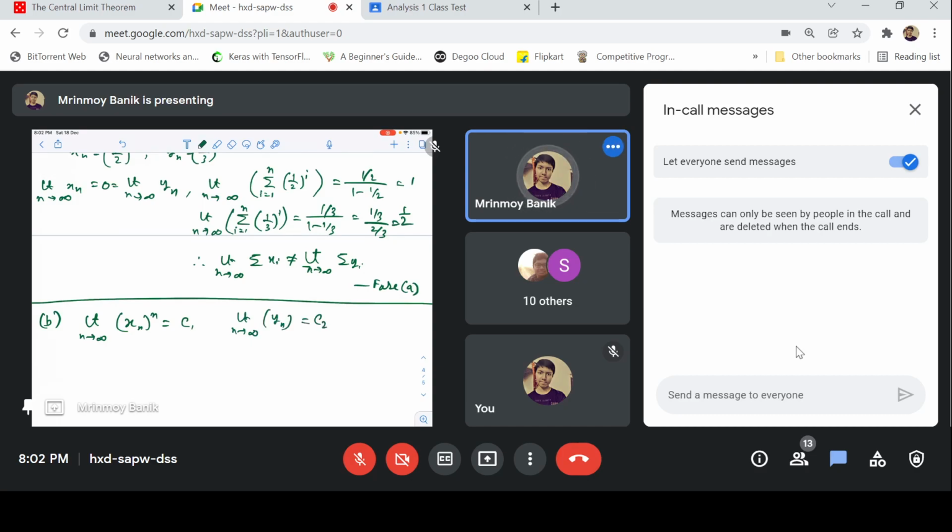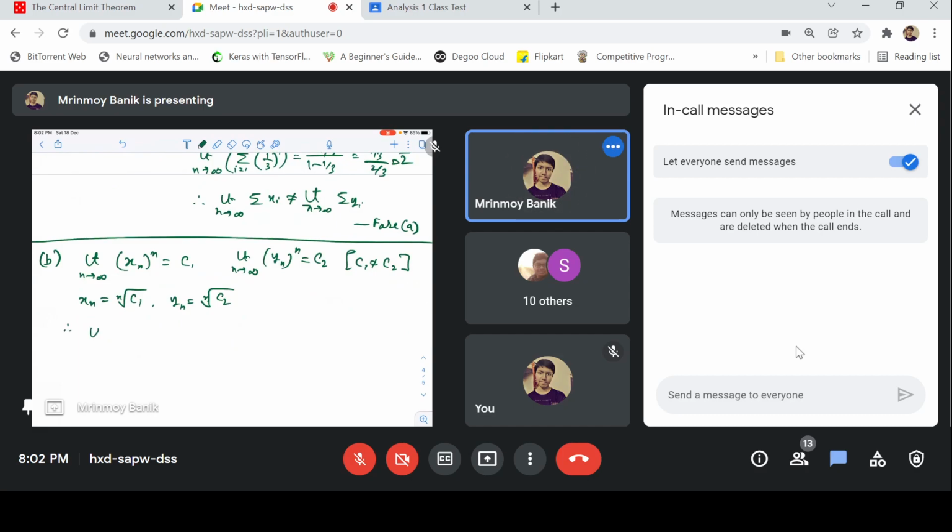Like you want to make them C1 and C2, where C1 not equals to C2. So just take the sequence xn equals to nth root of C1 and yn equals to nth root of C2.